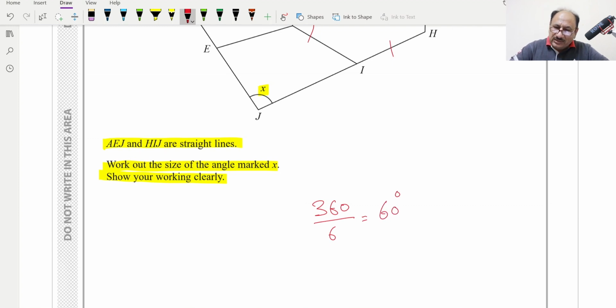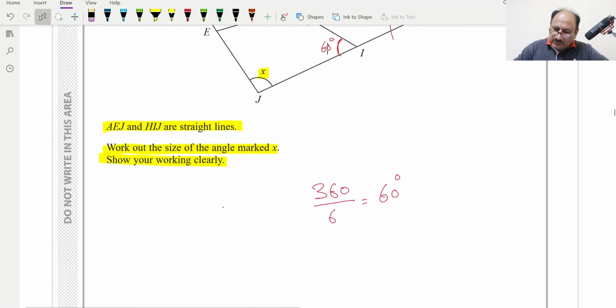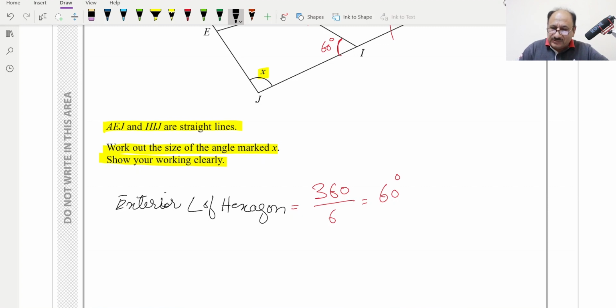So this will be the exterior angle of the hexagon, equal to 60 degrees.